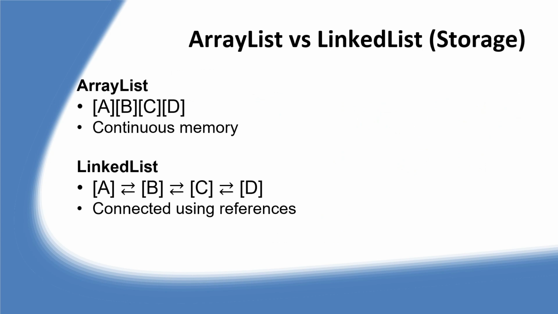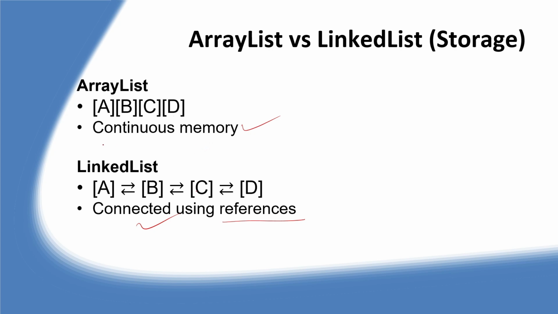So we have seen the storage difference: in an ArrayList, continuous memory is allocated, whereas in a linked list elements are connected using reference variables. We have seen this with the help of nodes. So what is the difference between these two? The biggest difference between ArrayList and linked list is how data is stored.